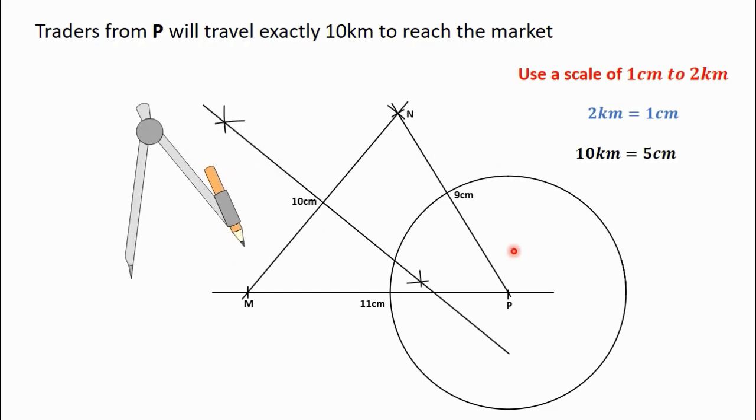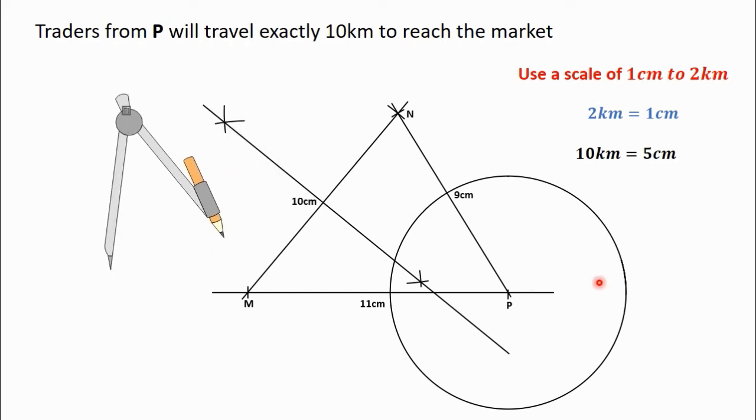This circle will give us the locus of points 5 centimeters from point P. This means that when we pick any point on the circle, the distance between that point and point P will be 5 centimeters or 10 kilometers if we are considering the distance in kilometers.